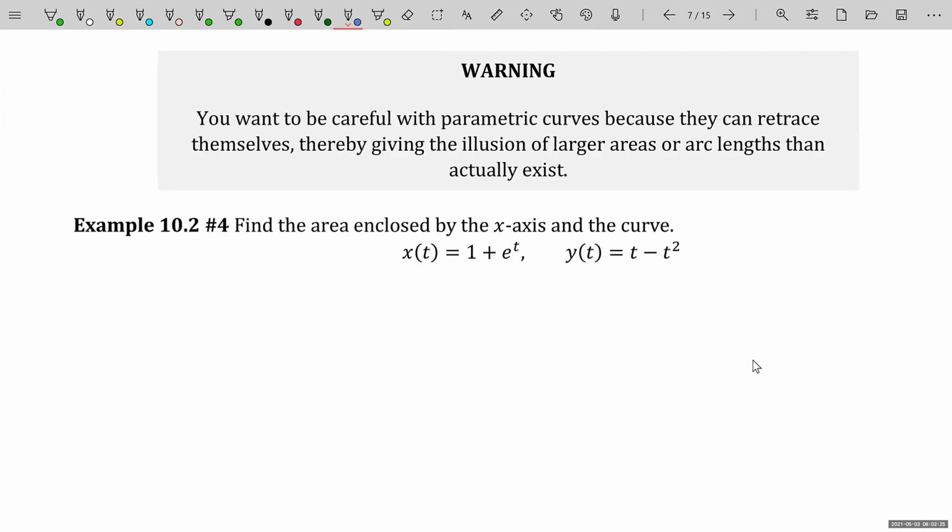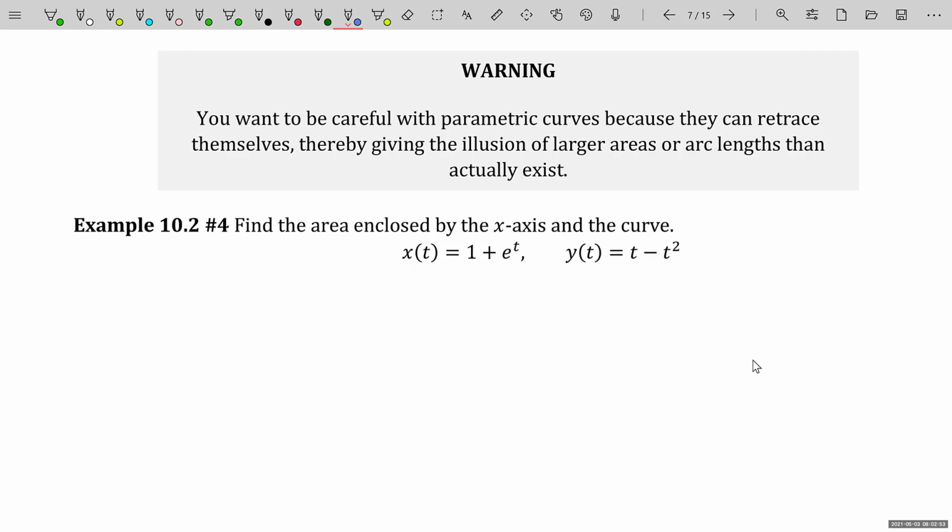So my warning up above here before we even start is you want to be careful with parametric curves because they can retrace themselves. And I even said that in our previous example, thereby giving the illusion of larger areas or arc lengths than actually exist. And the question always comes up, how the heck will I know if my parametric curve retraces itself?